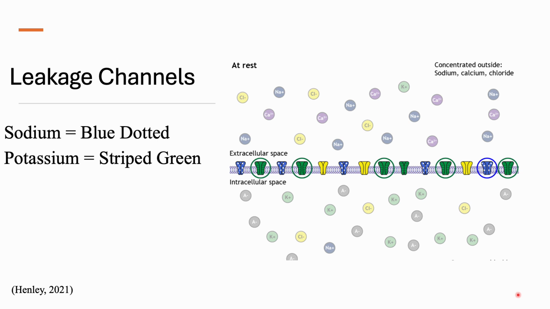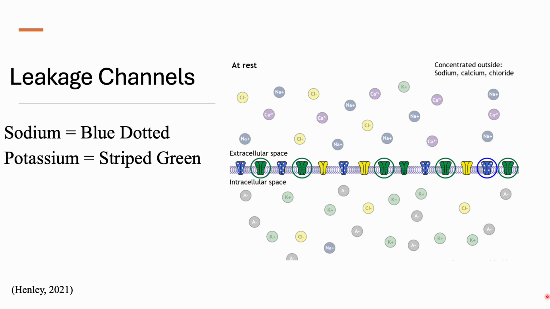But if you notice, there's also other channels available, such as the chloride and the sodium. But there are a fewer number of these channels compared to potassium. So this causes the inside of the cell to be more negatively charged than the outside of the cell.